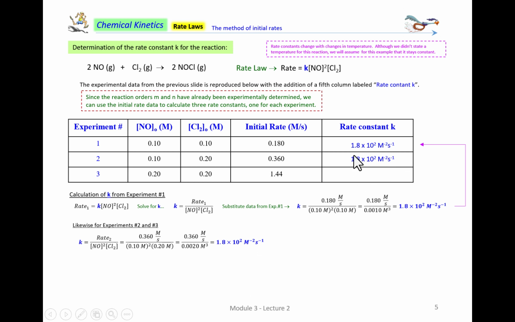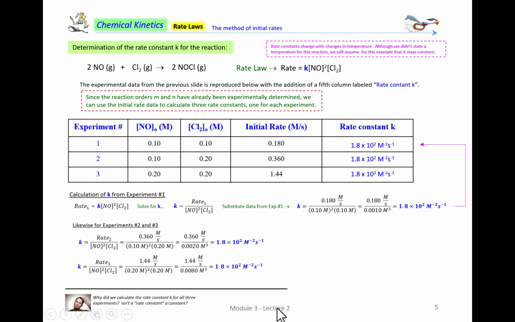And likewise for experiment 3, using the rate data and the concentrations from experiment 3, we again get 1.8 times 10 squared for the rate constant.